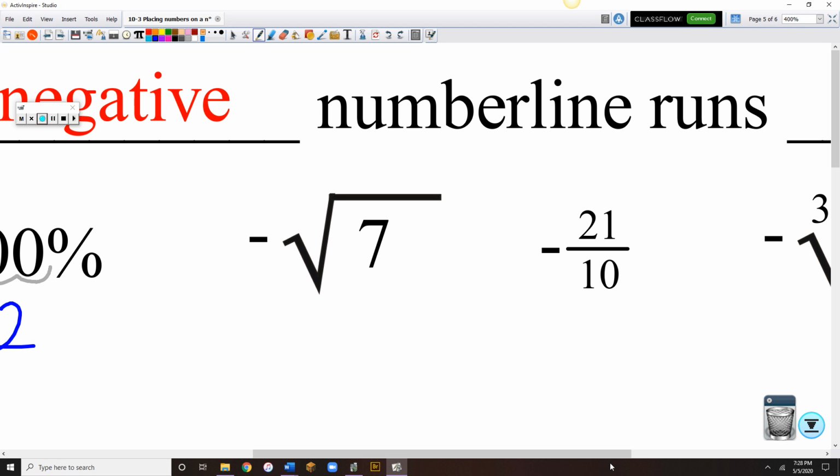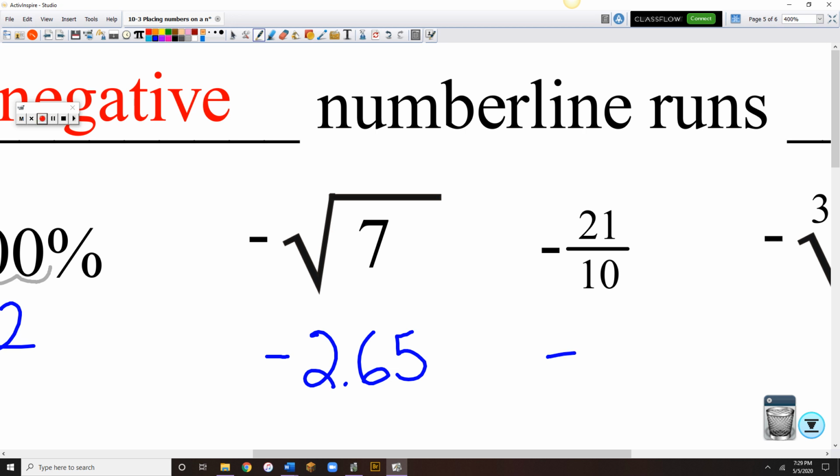-√7. I don't need to type the negative sign into the calculator. I can just put the negative sign down and do the square root of 7. 2.65, -2.65. Okay, -21/10, I would just divide that.